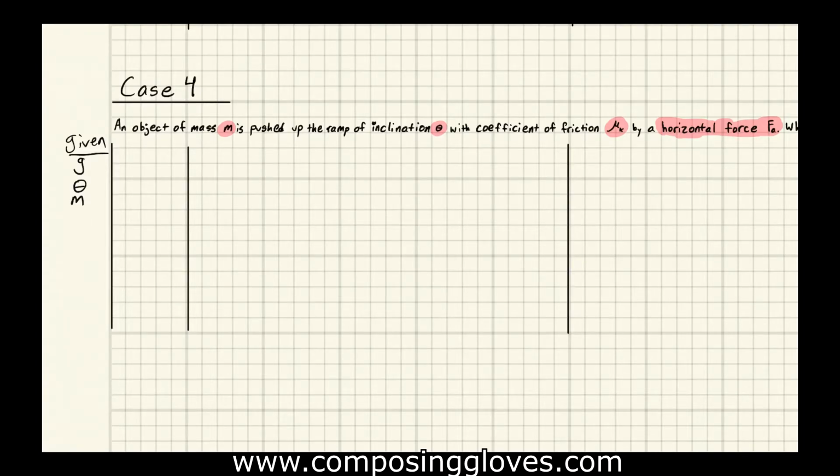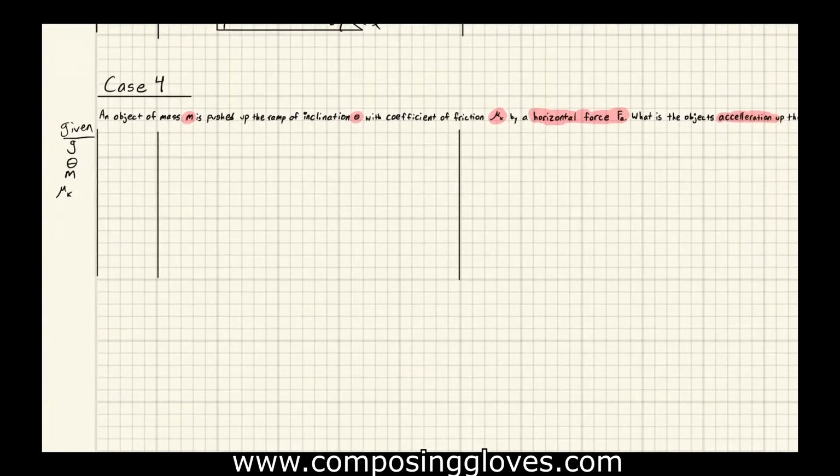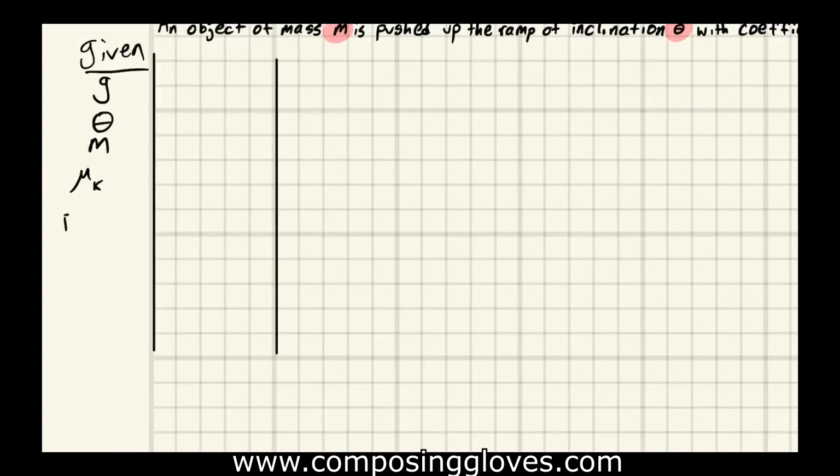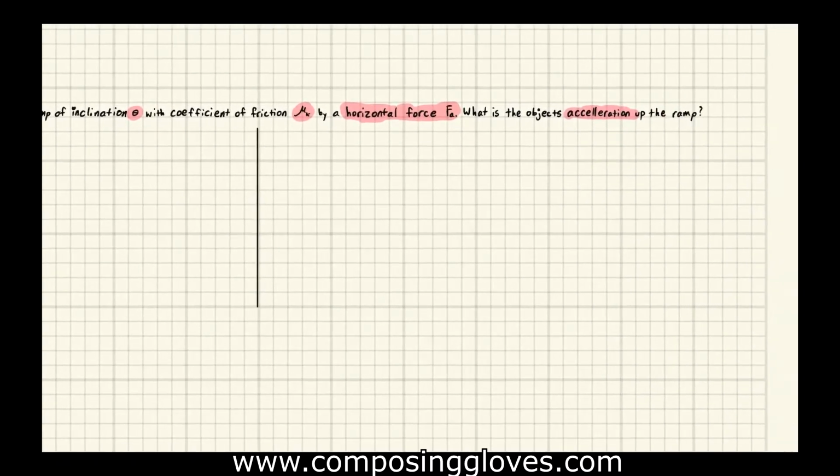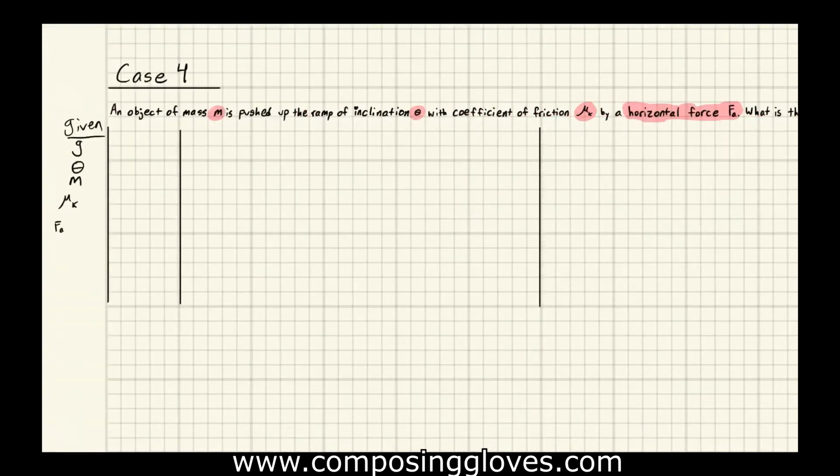We're given the coefficient of friction. Oh, we're given the horizontal force F sub A. So we have F sub A. And for horizontal, I wouldn't worry about that word. I mean, we'll worry about it in the free body diagram. But don't worry about defining some alpha or something for the direction of the vector. That's what I'm saying. And then we have a to be determined.